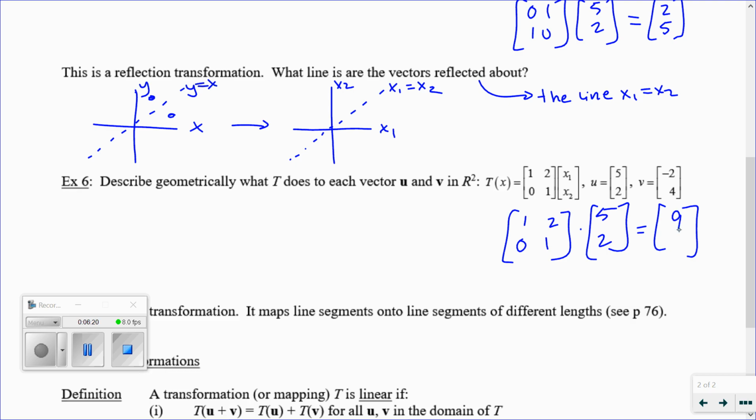And the second one, 0, 1, still stays 2. So it takes something that was over 5 and up 2, and changes it into 9, 2. It pushes it that way. I don't know if you remember on the video, when something's pushed that way, it's called a horizontal shear. So that's what that's going to be called.